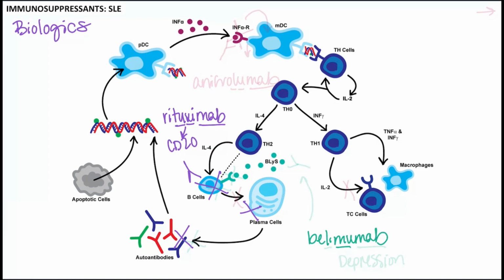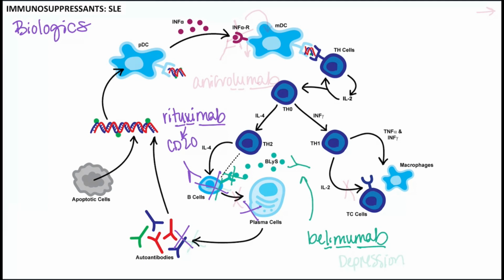which is a human monoclonal antibody against an immunomodulatory molecule, specifically our B lymphocyte stimulator molecules. This monoclonal antibody will bind soluble B lymphocyte stimulator to prevent it from binding its respective receptor on B cells. And remember, B lymphocyte stimulator is critical for the proliferation and survival of B cells.